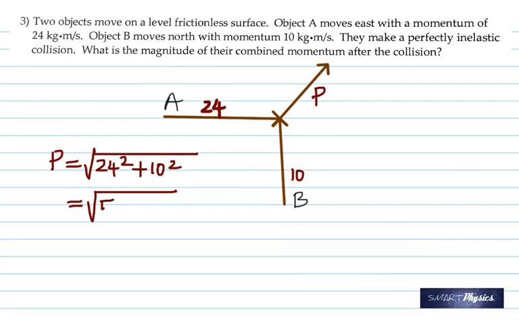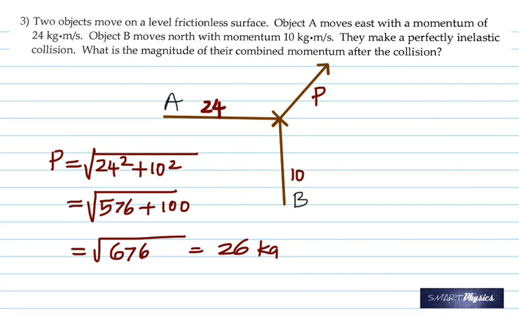This is going to be the total momentum before the collision. But remember that the total momentum before and the total momentum after are equal. So whatever we got, which is 26 kilogram meter per second, is both the combined momentum before as well as the combined momentum after.